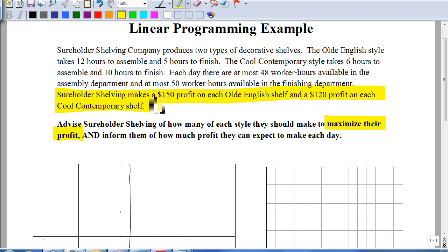That tells us what our variables are going to be. The fact that we make a $150 profit on each Old English shelf and a $120 profit on each Cool Contemporary shelf tells me that that's what our variables are going to be.